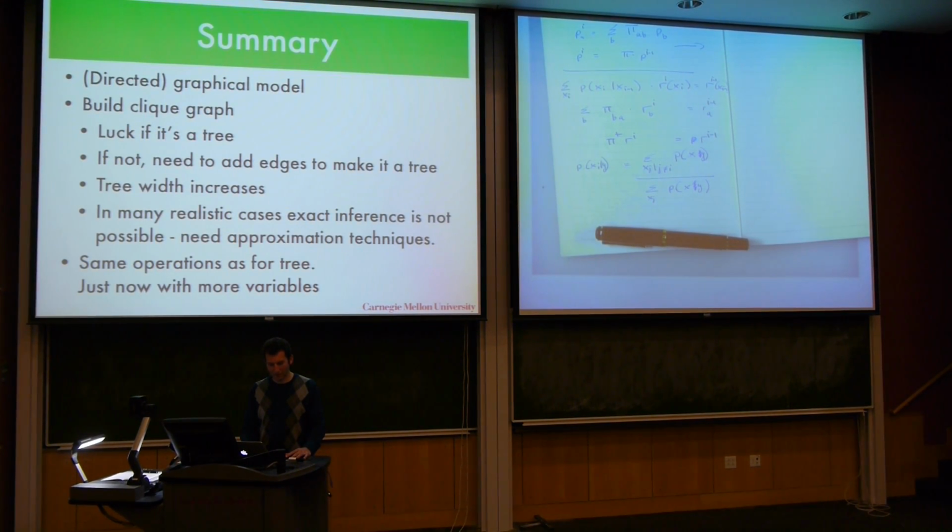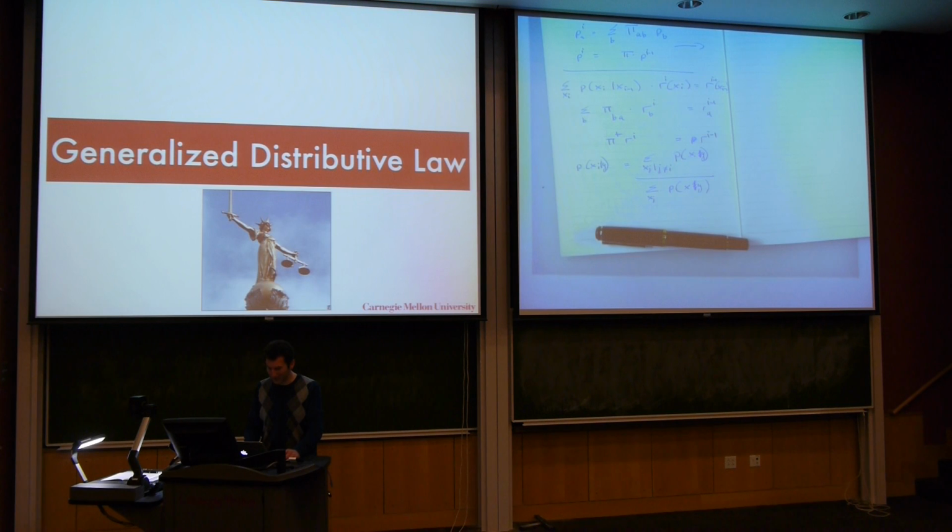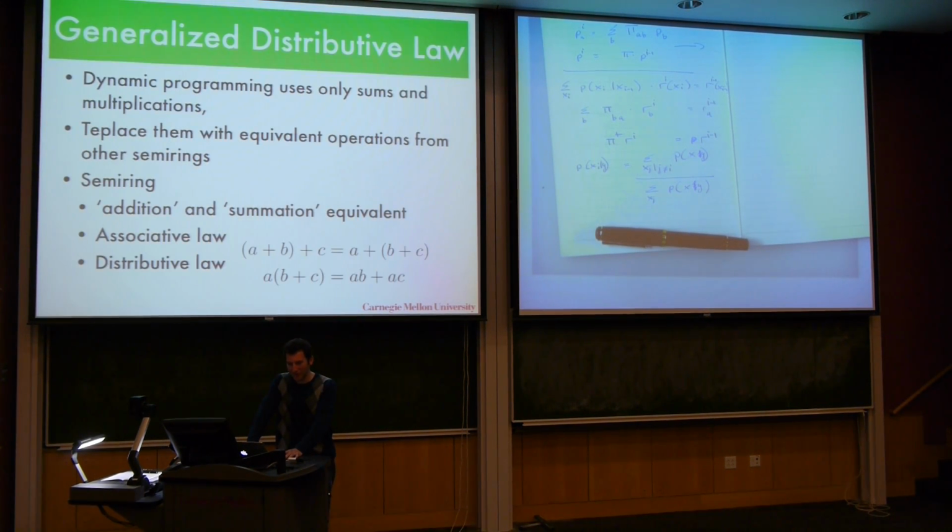So basically what I've shown you a little bit is that you can go beyond just simple chains, and sorry, there's not enough time. Now, one thing that you need to know though is the generalized distributive law. Because I've been talking about dynamic programming, and it looked nothing like the things that you've done before, right?